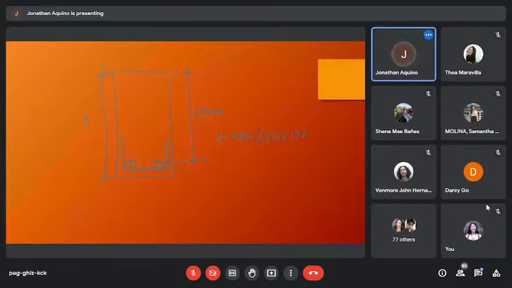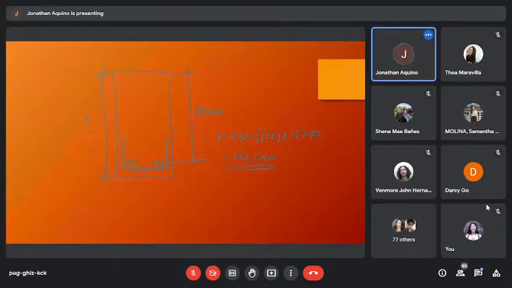So the total H is equal to 490 plus 0.5 of 25 plus 10 plus 40. So the total height is 552.5 millimeter. Of course, hindi ka naman mag-specify ng decimal place sa height ng beam mo.